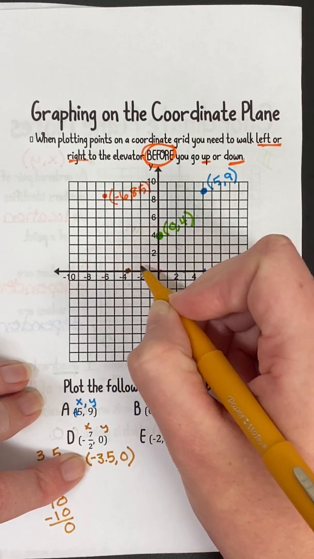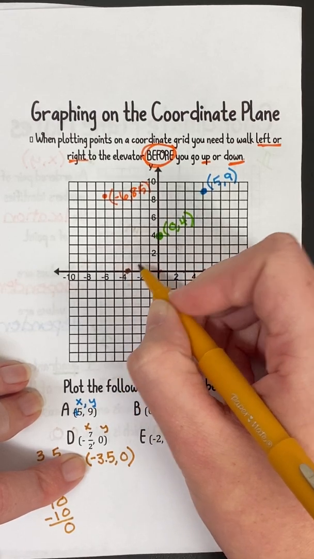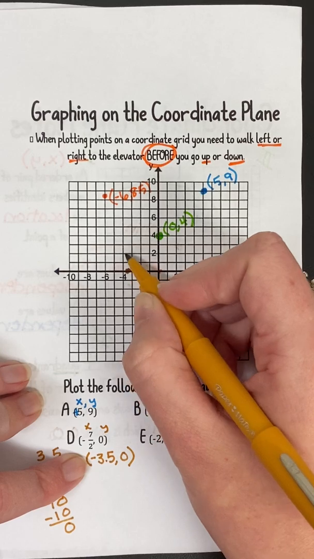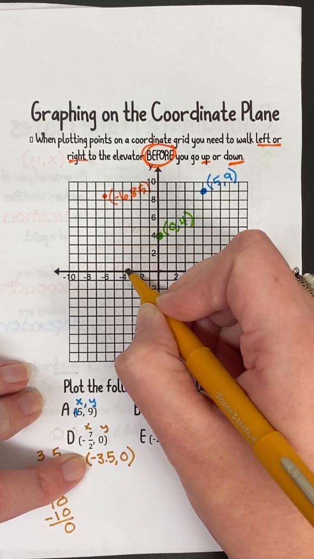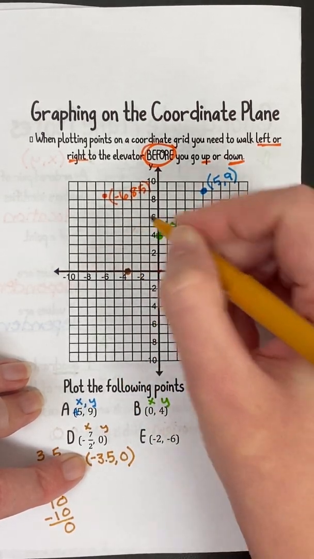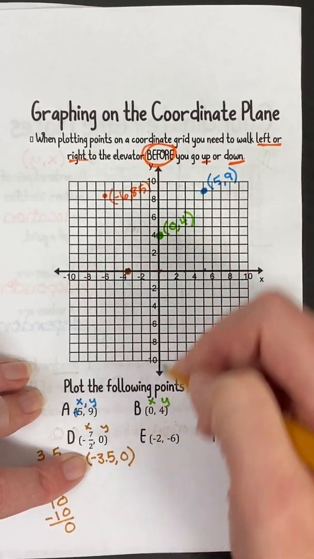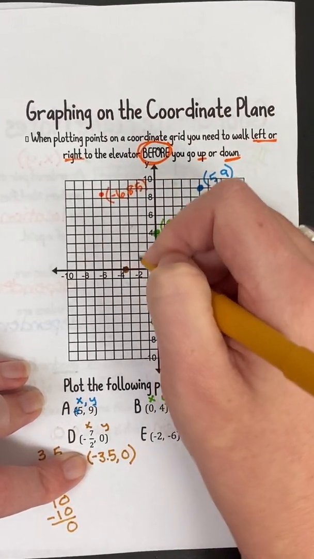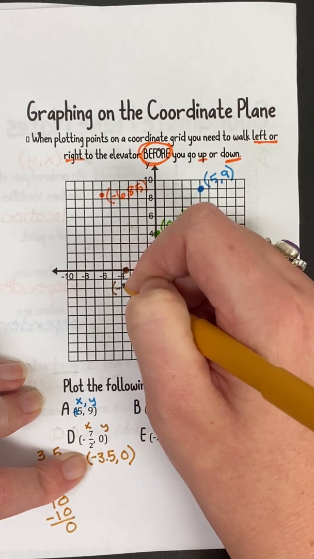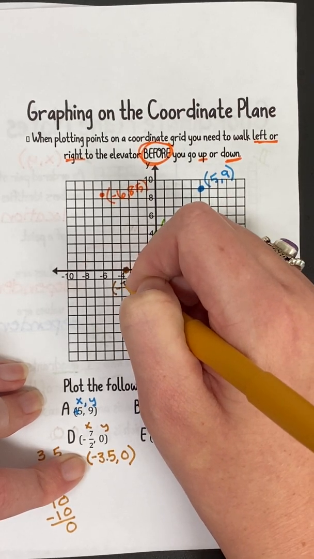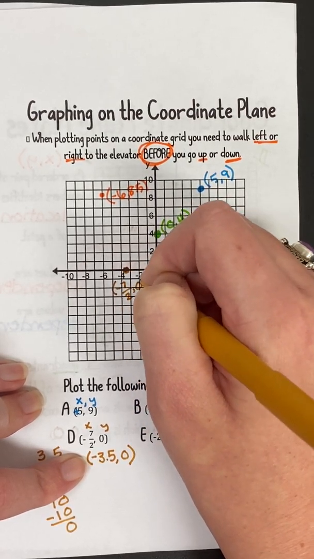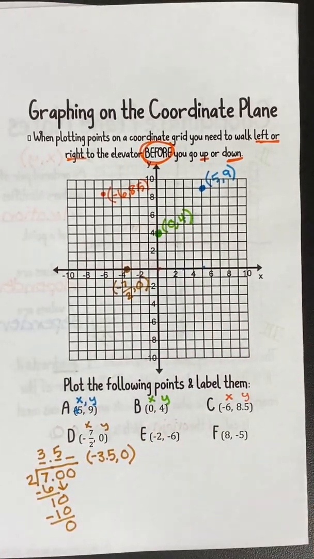So again, you go your full 3, and then you just do a half, and then it's 0. So I'm not going up or down any, so I just stay right there because 0 is my Y. That means I'm not going up or down. So I'm going to label that -7/2, comma 0. And I'm going to write it like they had it in the first place.